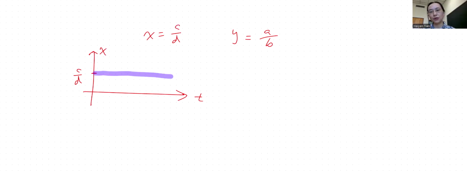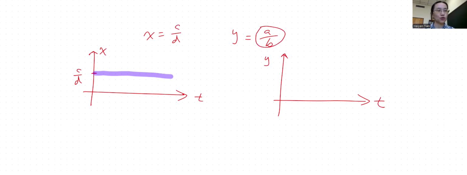If we draw Y as a function of T, since A over B is a constant, we can draw A over B. So suppose this is A over B.